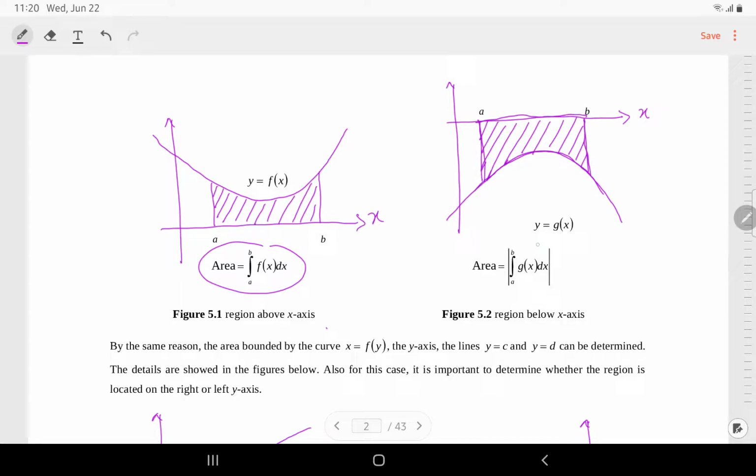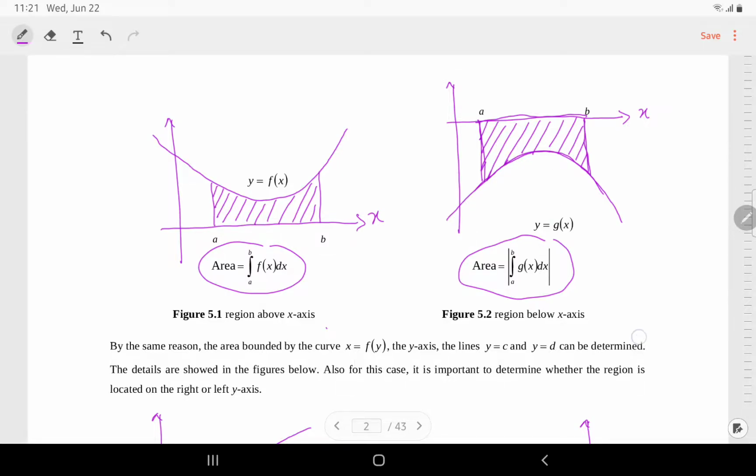For this case, we are going to use this formula, which has an absolute value. If the answer turns out negative, you must make it positive. The integration is from a to b, where a is the point here until here, and then we just insert the function.